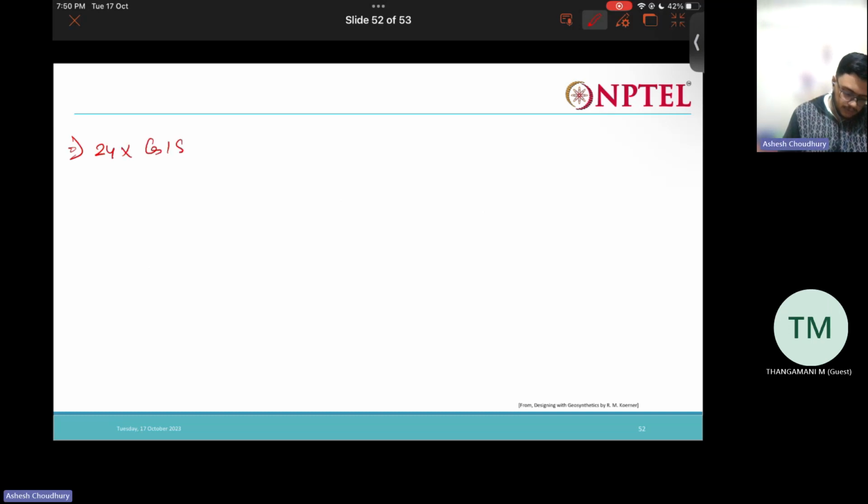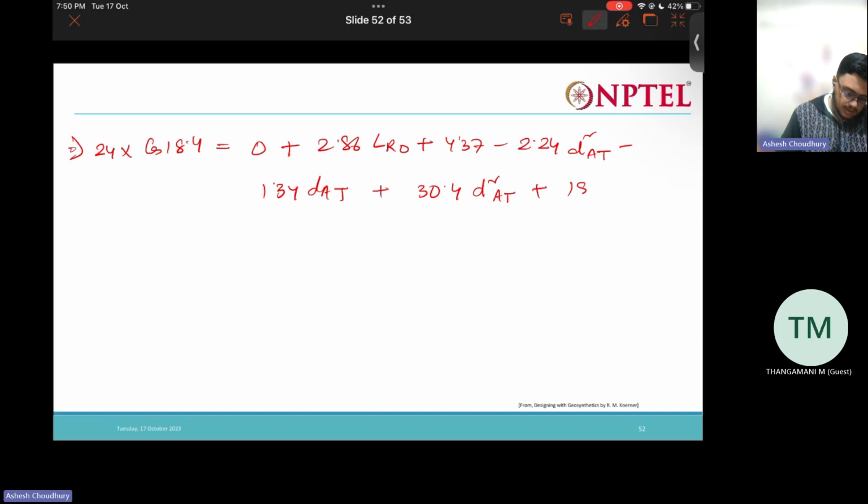Into 4 into cos 18.4 is equal to 0 plus 2.86 LR naught plus 4.37 4 t square 80 minus 1.34 t plus 30.4 t square 80 plus 10.3.